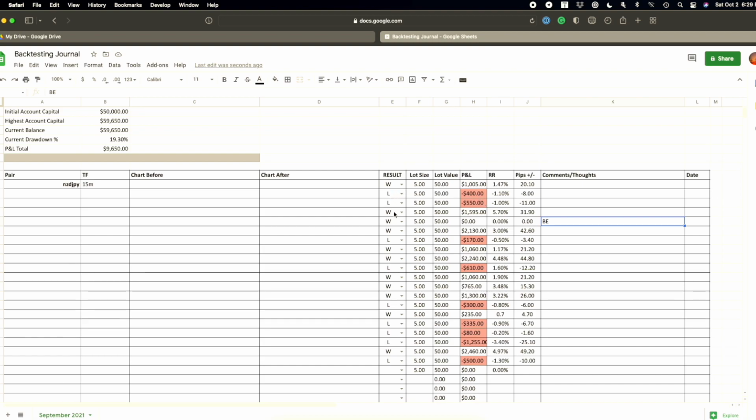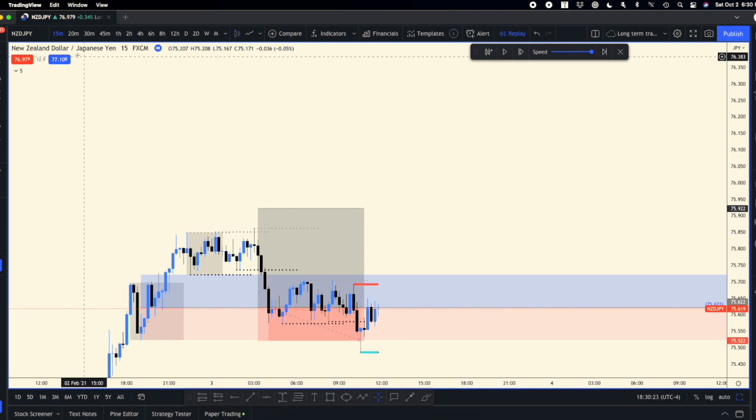So 1, 2, 3, 4, 5, 6, 7, 8, 9 losses, and 1, 2, 3, 4, 5, 6, 7, 8, 9, 10, 11 wins, right? So 20 trades, 9 losses, 11 wins, and 1 win really was a BE. So nothing on return on it, but we didn't lose anything either. All of our trades were taken and executed after 15 minutes.